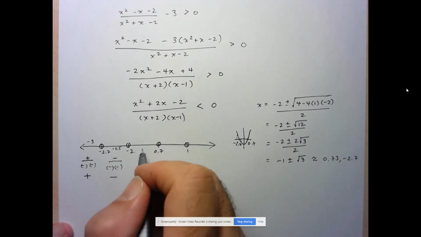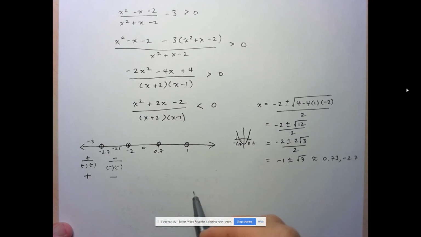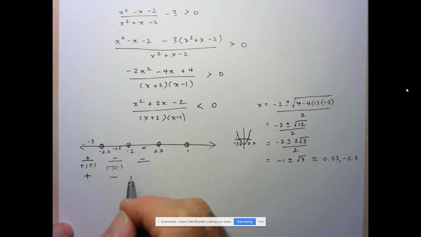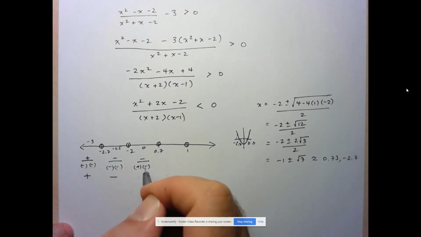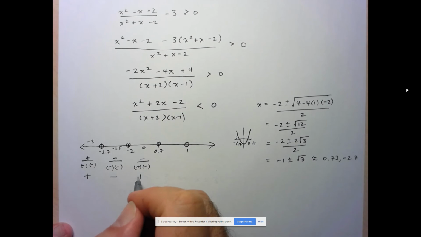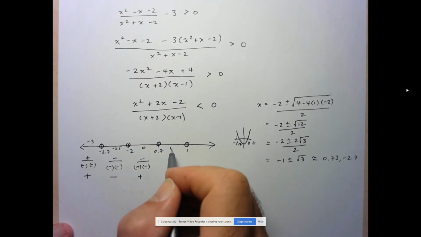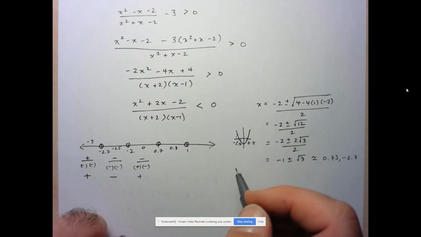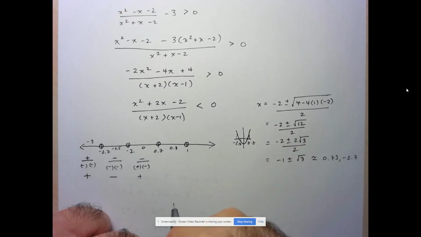Here in between, I'll take 0. That's nice and easy. 0 is clearly going to be negative for the numerator. And in the denominator, 0 plus 2 is positive, but 0 minus 1 is negative. So negative over negative, positive. Here, let's take something bigger than 0.73, say 0.8. So 0.8 here would be positive on this side.